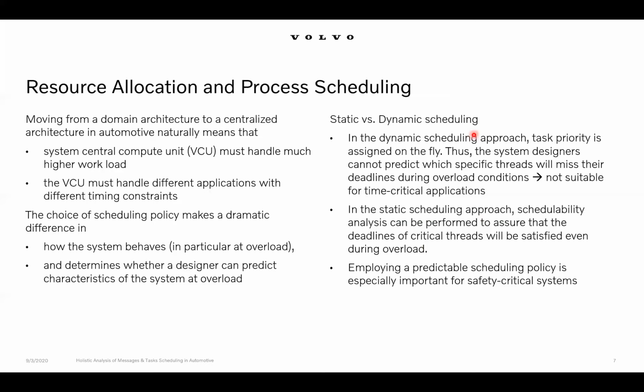But now, with a lot of new applications, there is a need for dynamic scheduling as well. However, in this work, we only apply static priority, especially for the safety-critical system.